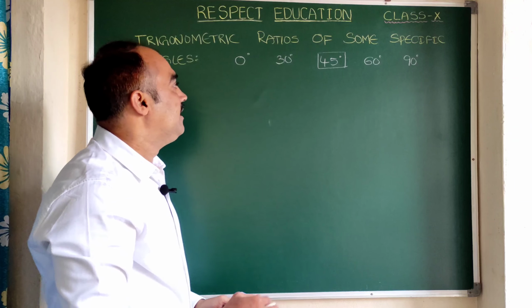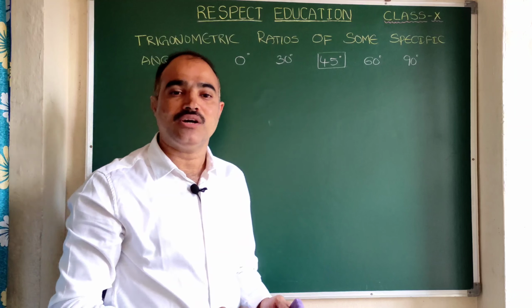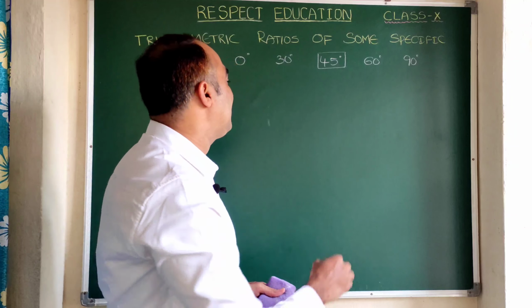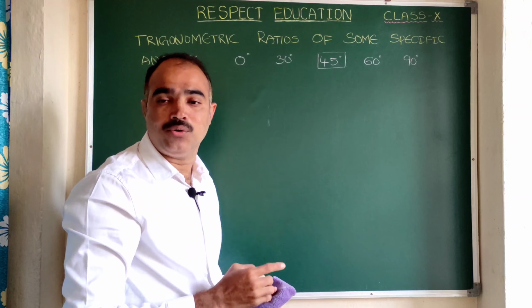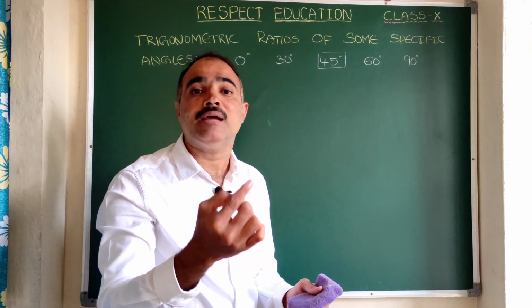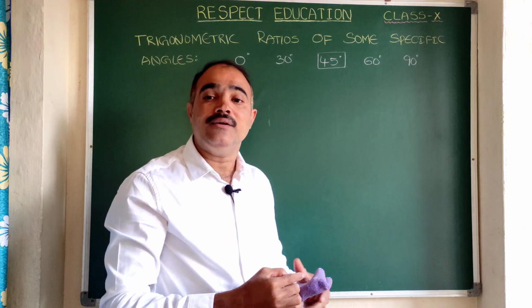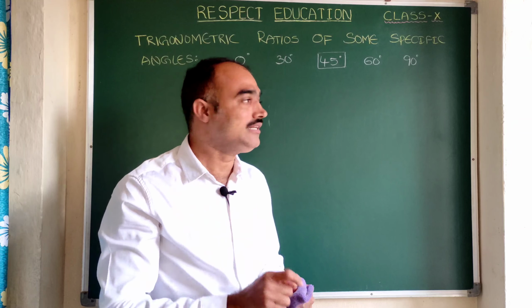Now here, for applying trigonometry according to our syllabus, which kind of triangle are we taking? Right angle triangle. But for finding 45 degrees, you have to take some other type of right angle triangle. That is what? In a triangle, if two sides are equal, what do we call the triangle? Isosceles triangle.